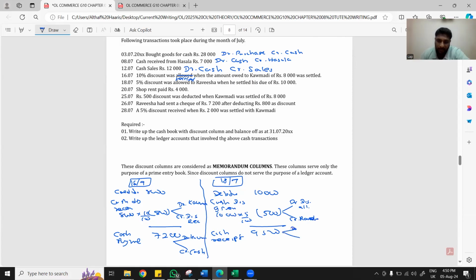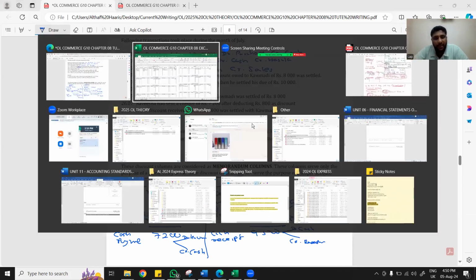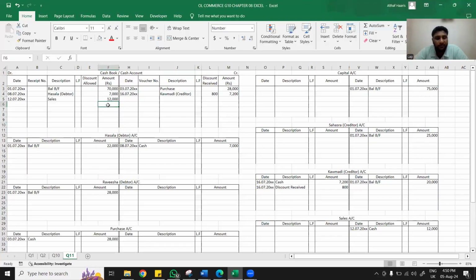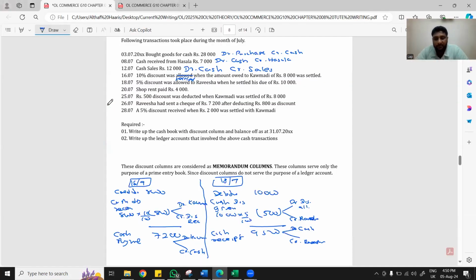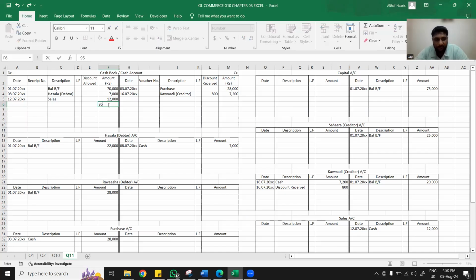Here, debit cash because we are getting that cash amount, credit Ravisha. 9,500 and 500 for Ravisha.